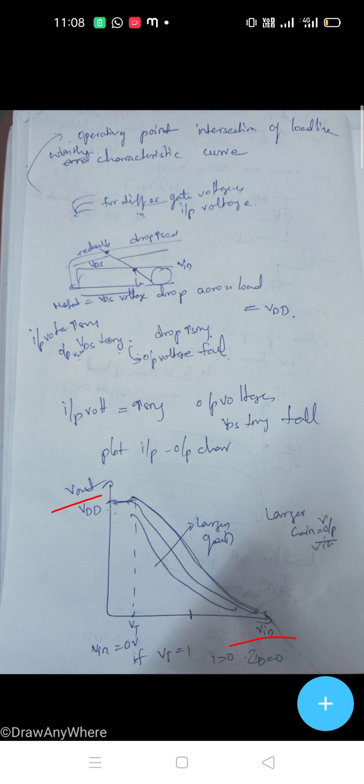So initially, when ID equals 0, what is the VDS voltage? VDD. So when ID equals 0, the output voltage will be VDD. That is this point. We have one equation initially, that is, VGS less than VT.